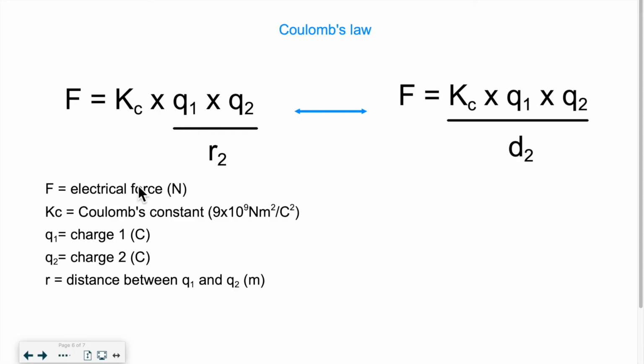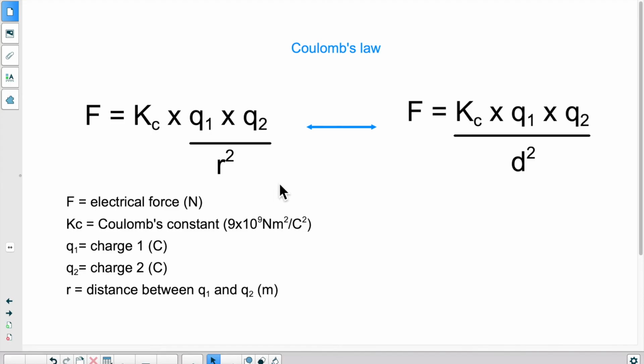So Q1 is the charge of the first object measured in Coulomb. Q2 is the charge of the second object measured in Coulomb, over r, this should be squared. I don't know why it's an underscore. Let me correct that. Okay, so it should be over r squared.